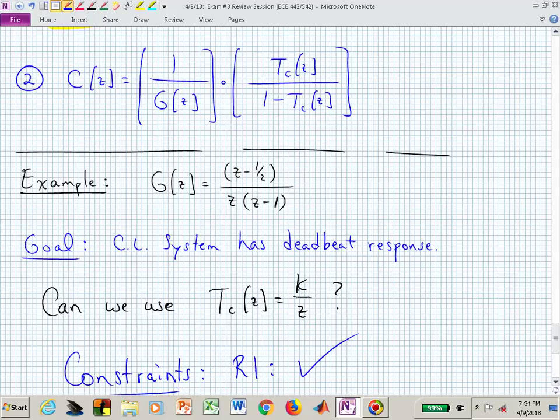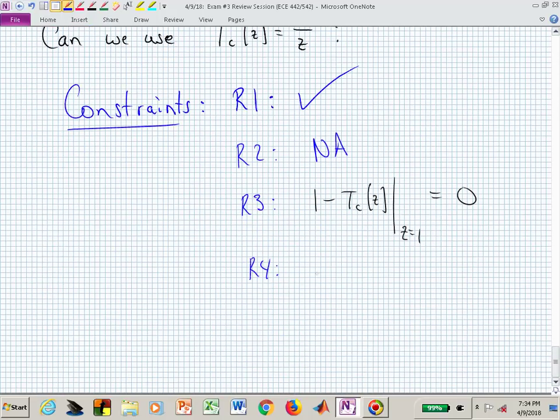It's going to go there quick because it's deadbeat, but it may be a big error. I didn't say. So no steady state error specified, so you don't have to design for it.